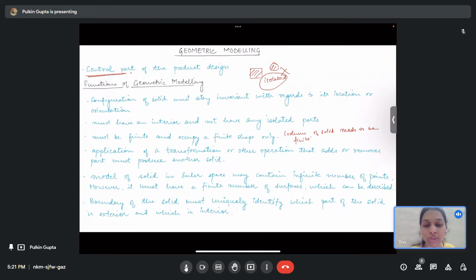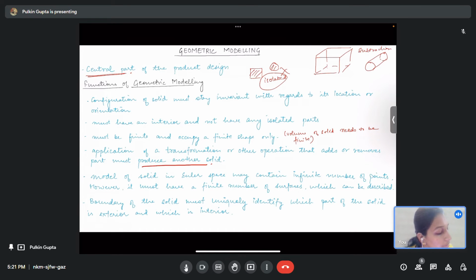Application of a transformation or other operation that adds or removes a part must produce another solid. For example, you have a cube and you use a cylinder for subtraction.